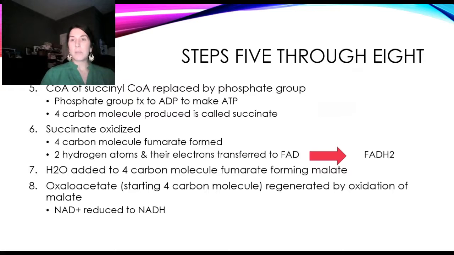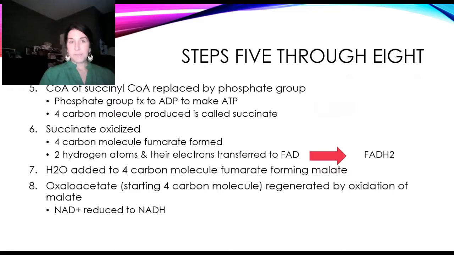And that ultimately results in the production of succinate. Once succinate is oxidized, fumarate is formed. And during that reaction, 2 hydrogen atoms and their electrons are transferred to FAD, making it FADH2. Note the pink arrow. That's my attempt at getting a little creative with my presentation.